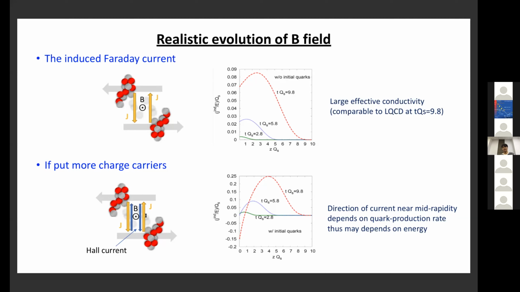And in this case, near the colliding center, we would have a negative effective conductivity. This means the direction of the current near the mid-rapidity region could depend on how many quarks are produced, and thus on the colliding energy. So this could have some implication in heavy-ion collisions.